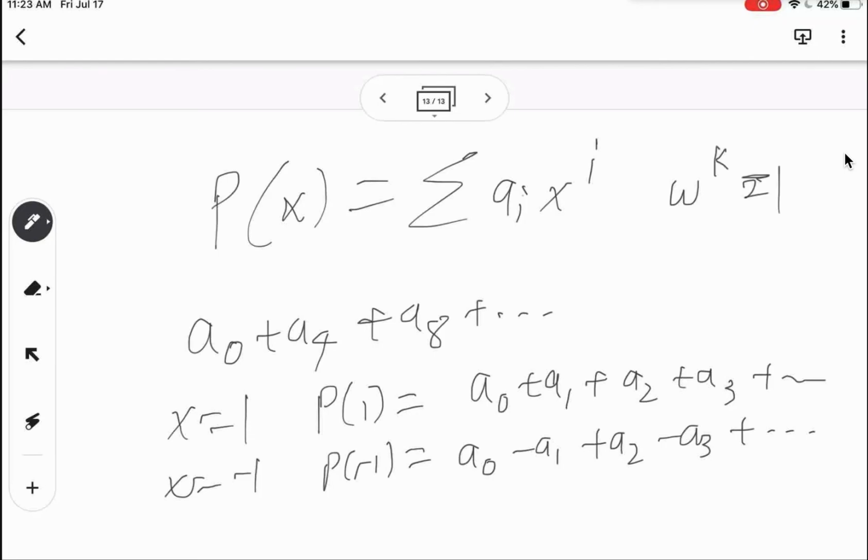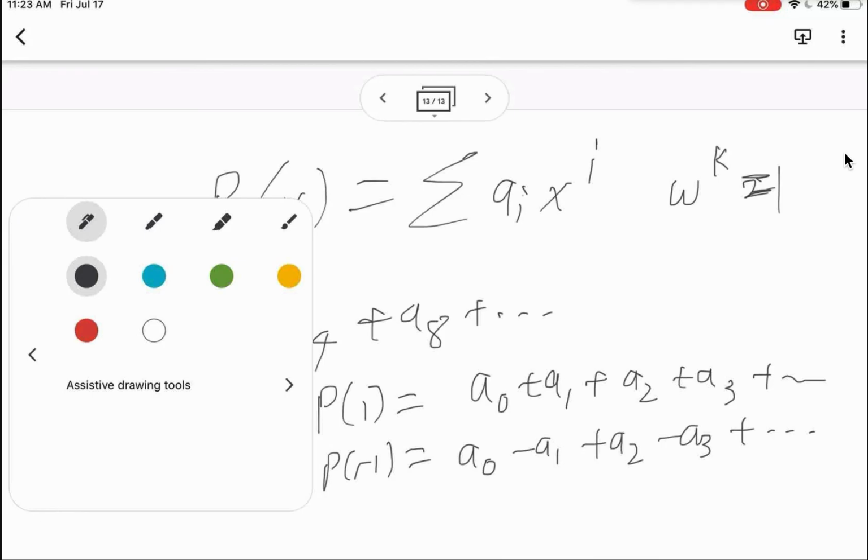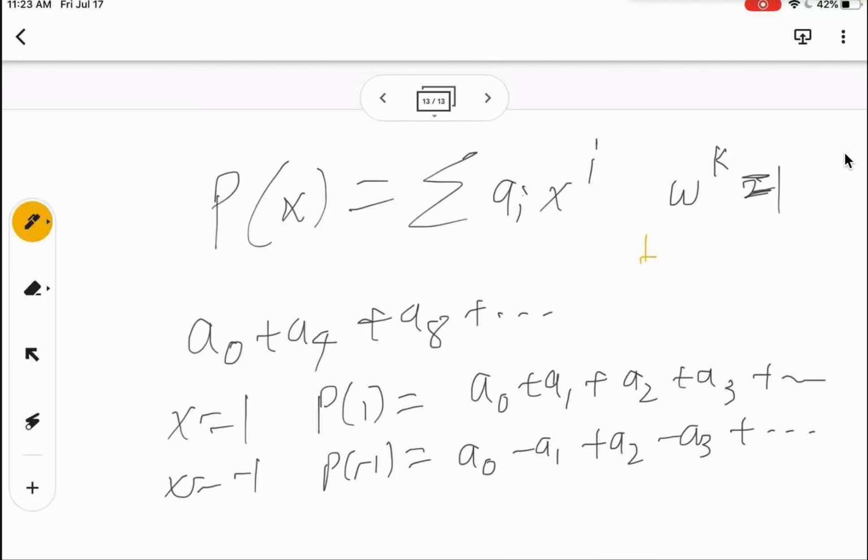So in general, if we want every kth term, we want a kth root of unity. And of course, a kth root of unity is just something such that when you take it to the kth power, it brings you back to 1. So 1 is always a kth root of unity.